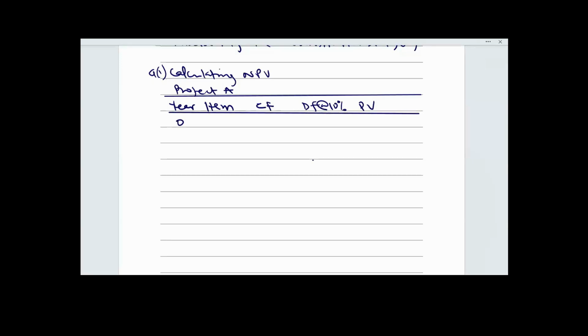So for year 0, year 1, year 2, year 3, initial outlay will be in year 0. Initial outlay for project A is 200,000 naira. Here will be 200,000. The cash flow we computed for project A for year 1.